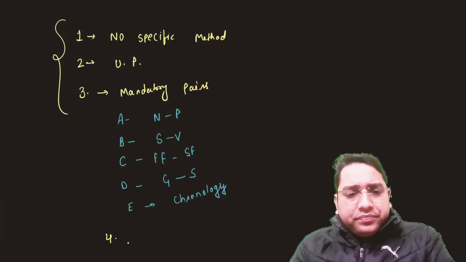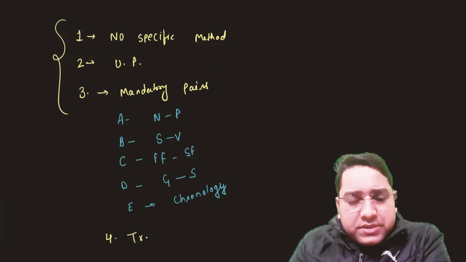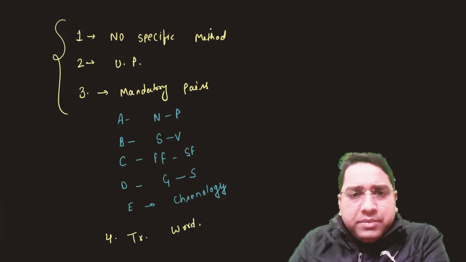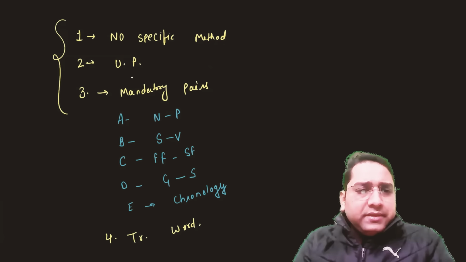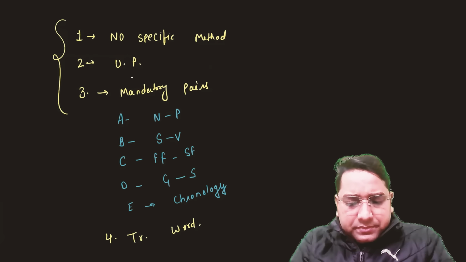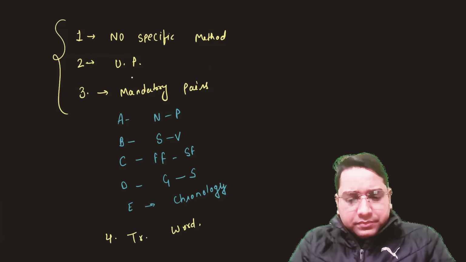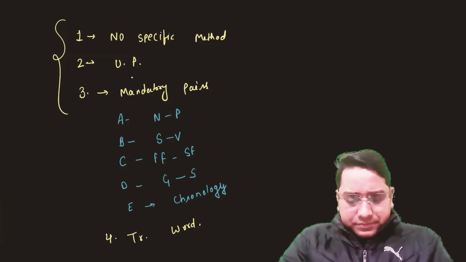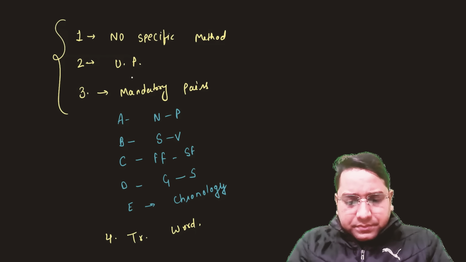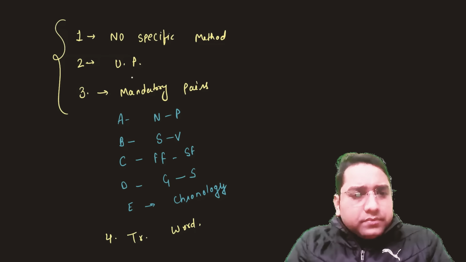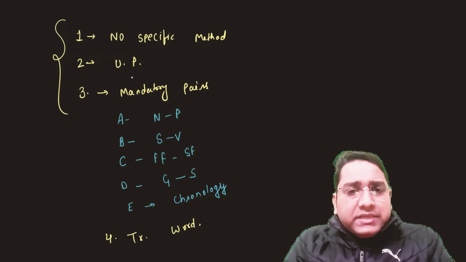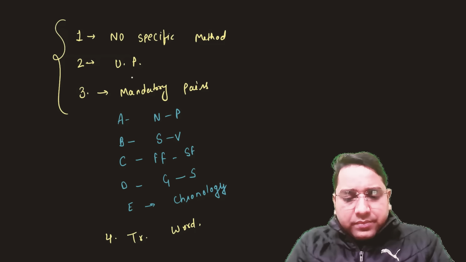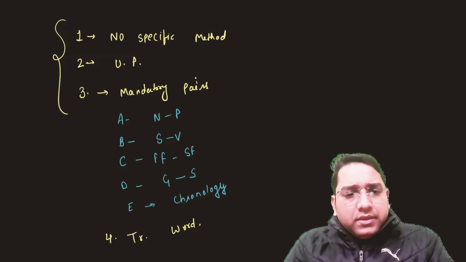Then what was there? The transition words. If I'm missing anything, please let me know. Yeah, understanding pairs. The second point is understanding the passage, not pair, right? These are the things.